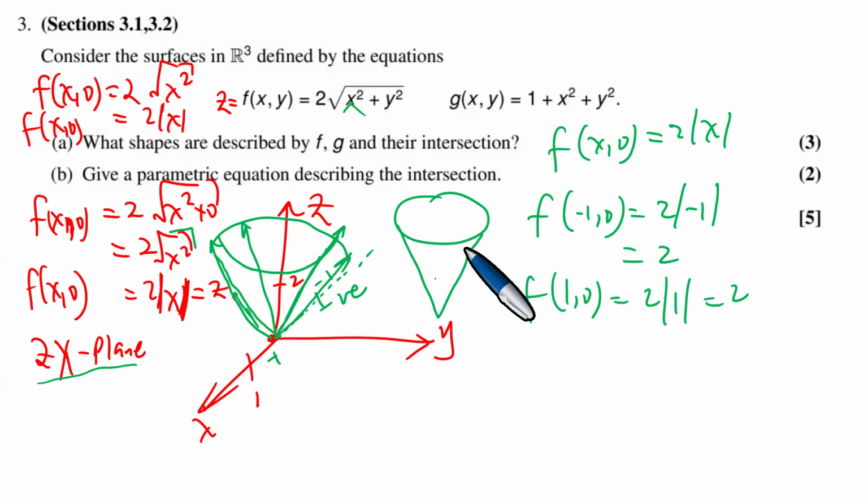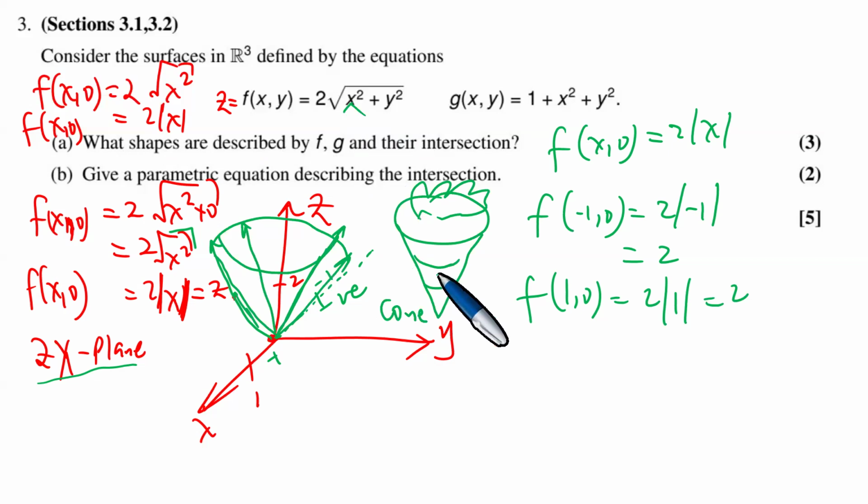This shape here is what we use to enjoy lots of ice cream, and this one here is called a cone. So in other words, this shape here is nothing other than a cone.